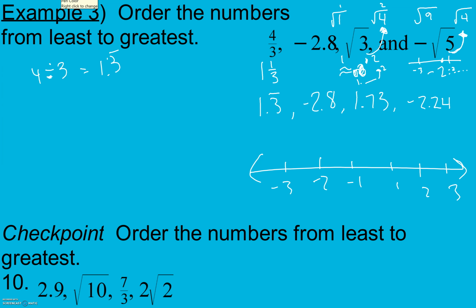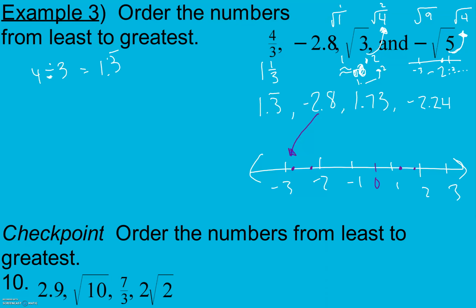Four thirds is 1 1/3. I forgot 0 here. 1 1/3, about here. Negative 2.8 is past negative 2, close to negative 3. 1.73 is closer to 2. And negative 2.24 is closer to negative 2.